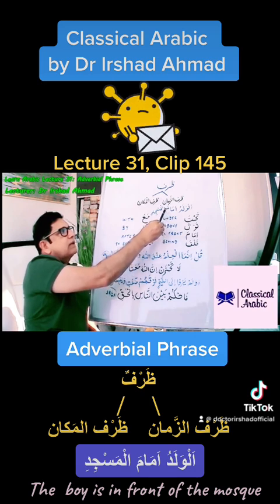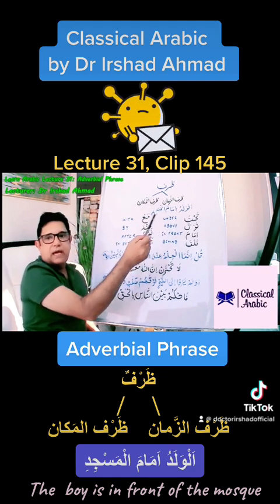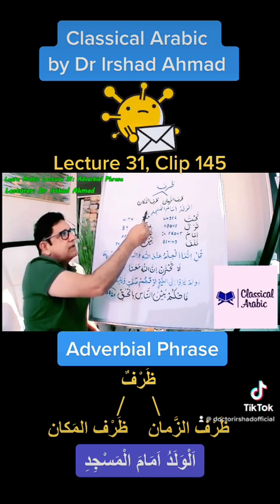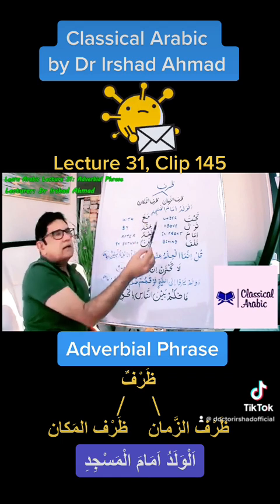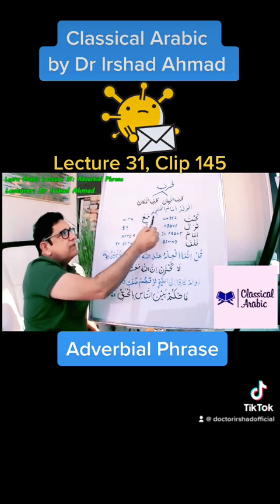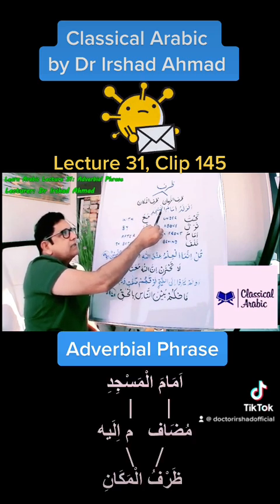So here, although the construction is exactly the same as that of a standard possessive phrase, it is not really that typical link of ownership between these two words. Amama is not really owned by the masjid.